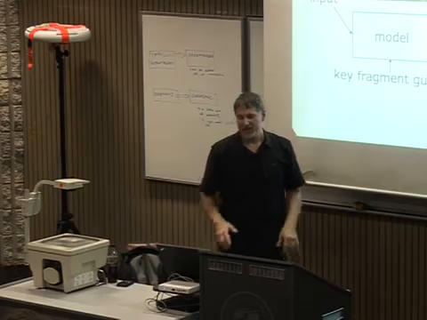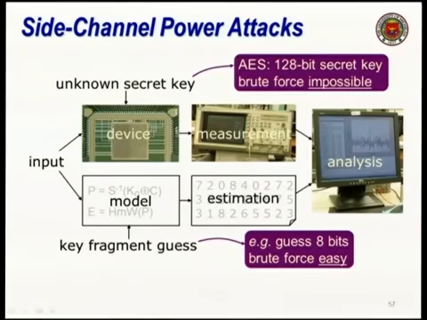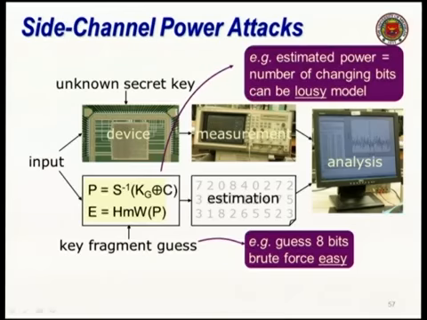So we're going to take some key that we don't know. We're going to inject plain text into this system, and then we're going to essentially use estimation. We're going to look at a particular sequence of operations and estimate the amount of power it takes. What that will do is, for example, in AES, it's almost all XORs.